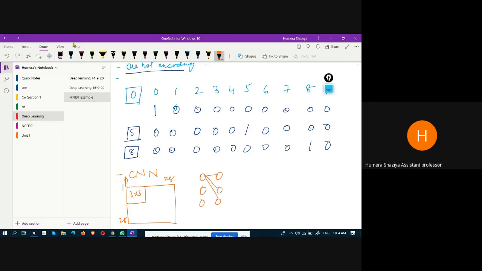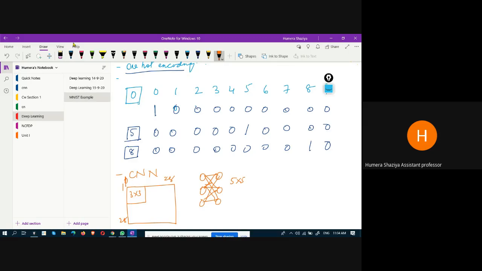It is fully connected in 3 by 3, whereas this section is not fully connected to the next section. Only one section, which is defined by the parameter given when you are implementing, you specify what is the window size. So this is 3 by 3. You can also have 5 by 5.